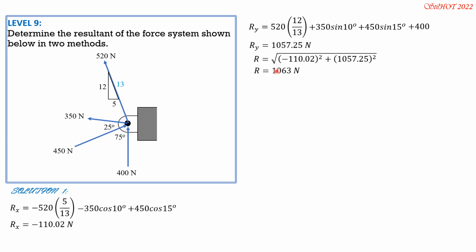Since the resultant lies in the second quadrant, you may present the answer in standard form R 1063, then 180 degrees minus arctan of 1057.25 over 110.02, absolute value, remember. But let's have it another way, alpha.